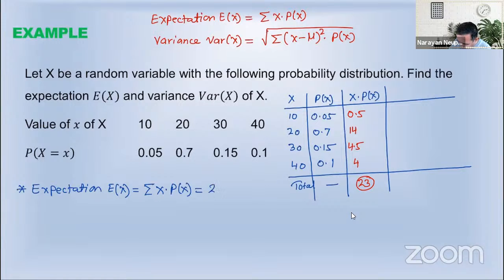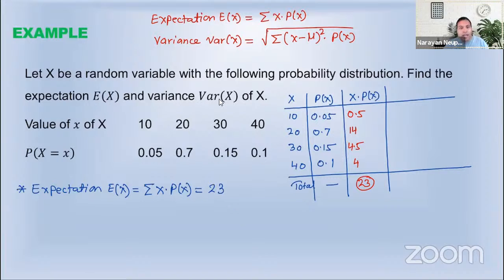That means the mean of the probability distribution or the expectation value of the probability distribution is 23. Remember, the formula to calculate the mean of regular data and the formula to find the mean of the probability distribution are different, because these are not the same thing. Here we are calculating the mean of the probability distribution. So the mean, also called expectation, is 23 in this case. So that is the first part. We are able to find the expectation.